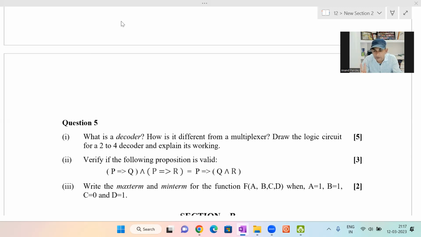You can see at least 2 questions will be from circuits. That question was of half adder, and this question is from decoder and multiplexer. So please learn this. This is the most important topic. If we prepare at least these points, most of the marks out of 26 in Boolean algebra will be covered. I am telling you. I hope I am clear to everyone.